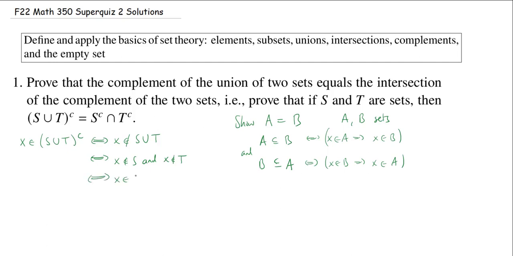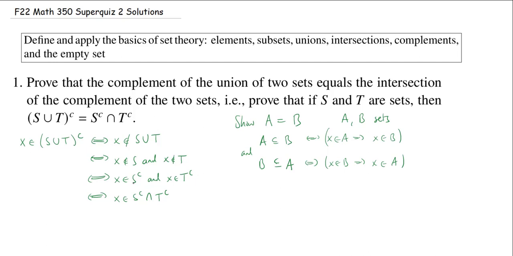This is equivalent to saying X is in the complement of S and X is in the complement of T. If X is in the complement of S, then it's not in S. If it's in the complement of T, then it's not in T. But if you're in two sets, you're also in their intersection. That's again an equivalence. So X is in the intersection of S complement and T complement, right?